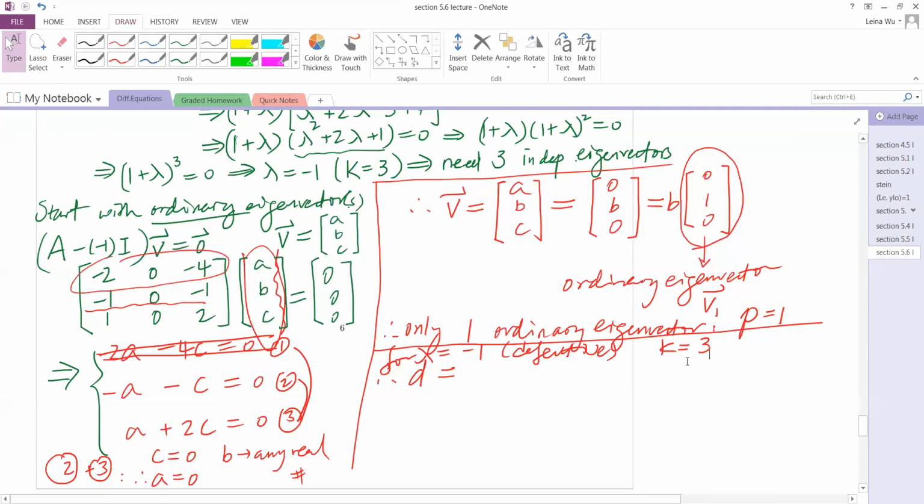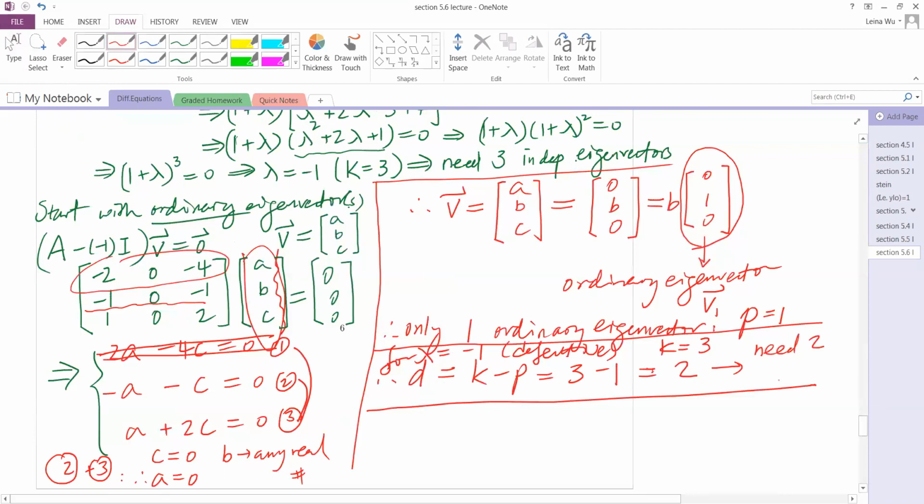But going back to our original question, this eigenvalue lambda, which is -1, is defective. Multiplicity is 3, therefore it's defective. D is K minus P, which is 3 minus 1, it is 2. So its defect will be 2, meaning we need 2 generalized eigenvectors.